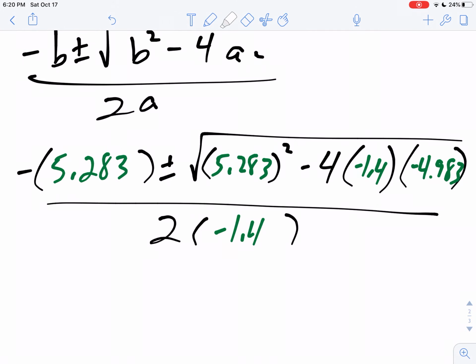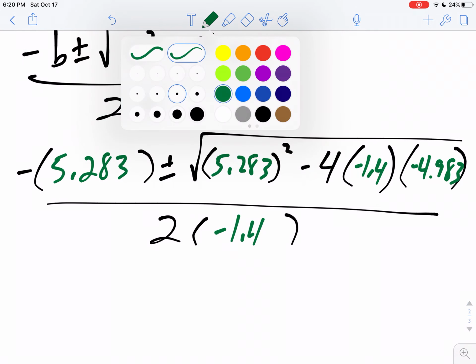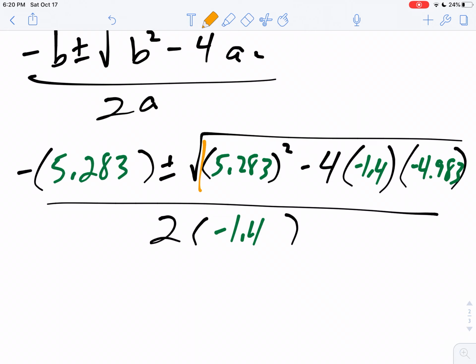Now, as I said in an earlier problem, what I suggest on these is you just type the stuff just underneath the radical first, and then you can take the square root of that. All right, so I'm going to type that in carefully and try not to screw it up.